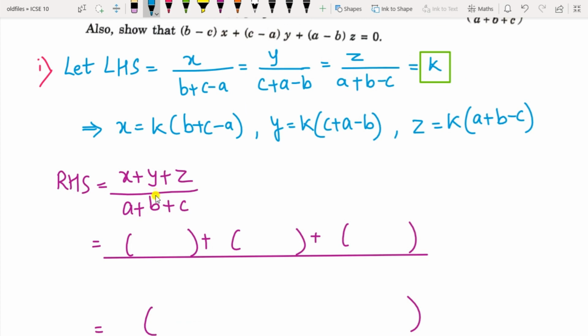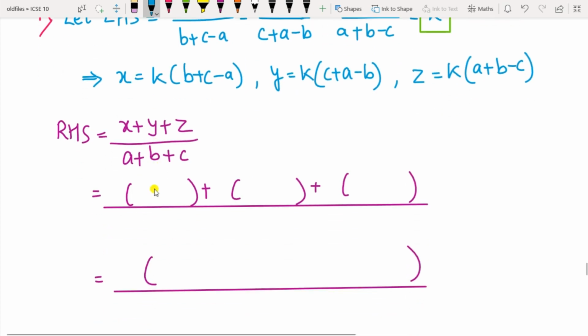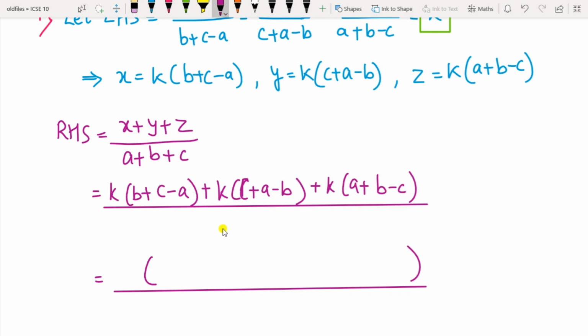Now you solve the RHS here. So this is the RHS. Let us substitute the values of x, y, z here. So it is k into b plus c minus a, plus k into c plus a minus b, plus k into a plus b minus c, the whole upon a plus b plus c.